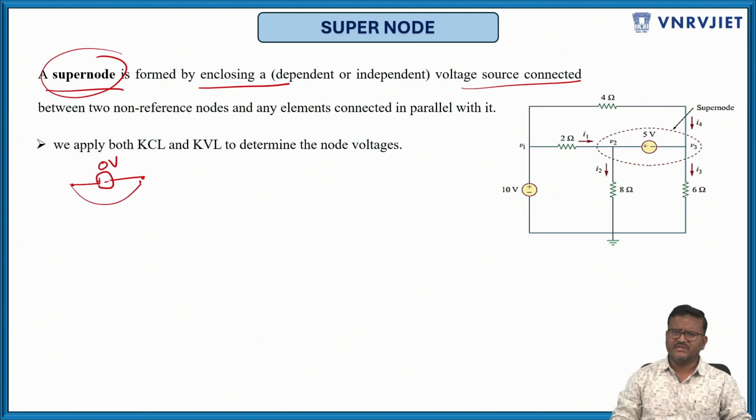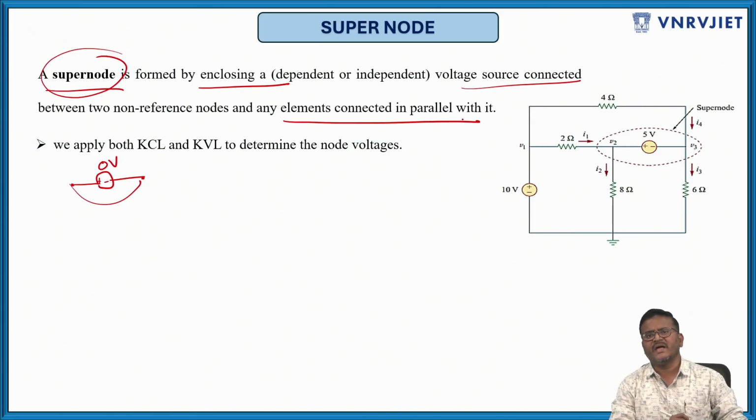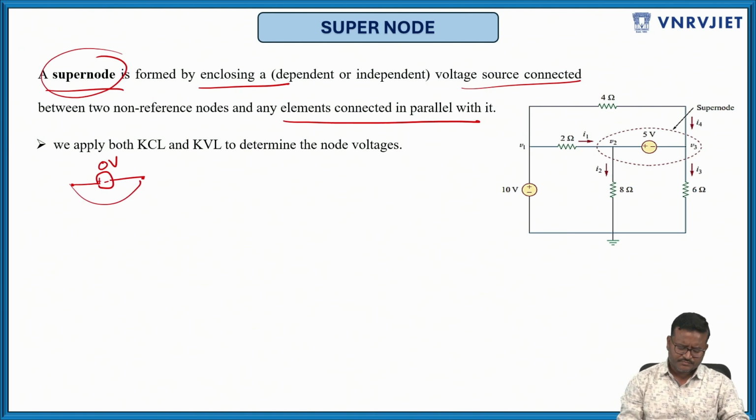The two are the same. And in addition to that, if any elements are connected in parallel to it, they will also be neglected. That is the consideration we make in supernode analysis, enclosing the nodes.